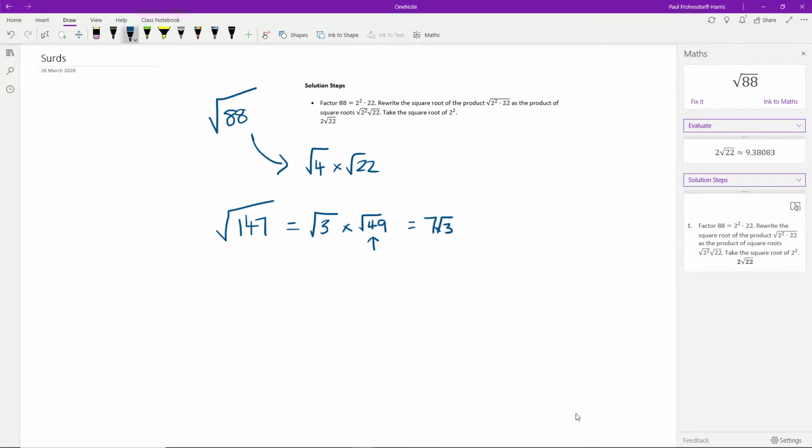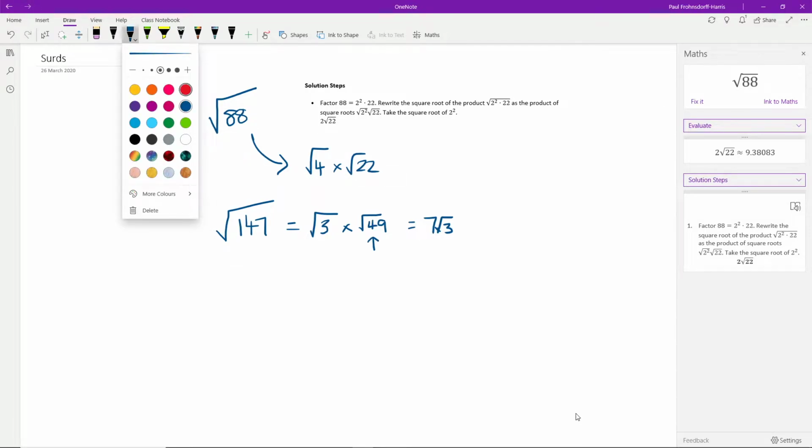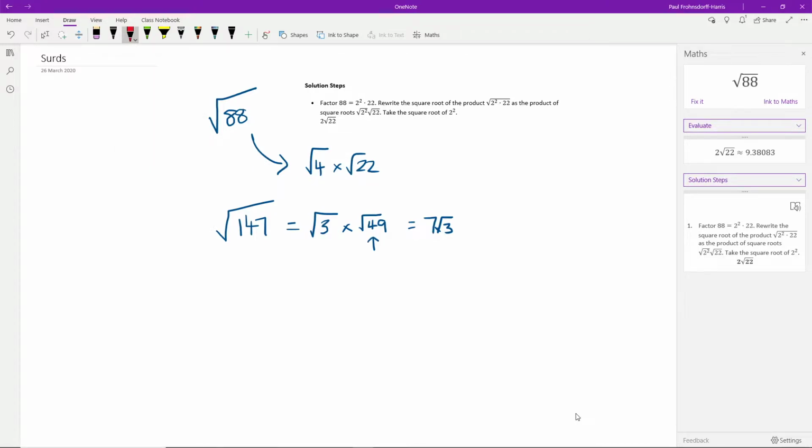We also have to be aware of never wanting a surd on the bottom. That means if I have something like 12 over root 2, I instantly have to be filled with disgust. Ugh! It's a surd on the bottom, and we do not want that. So the first thing we're going to do is try and replace that with something that's going to be useful.